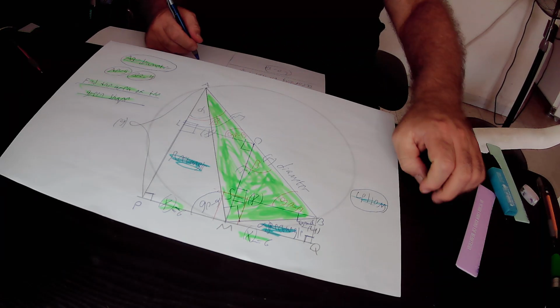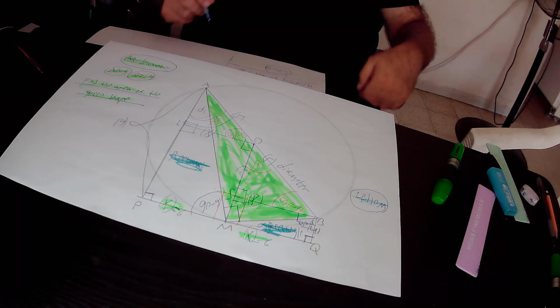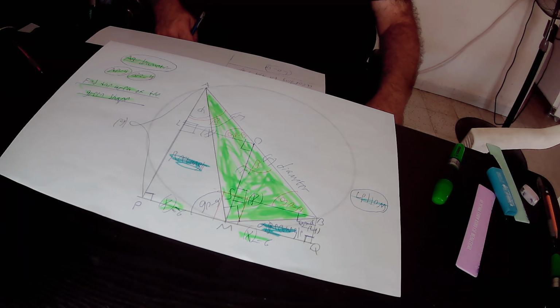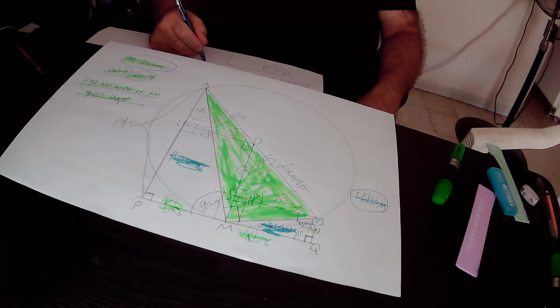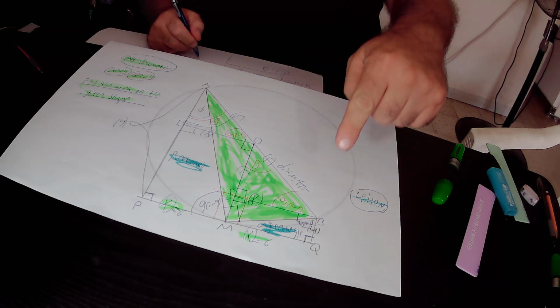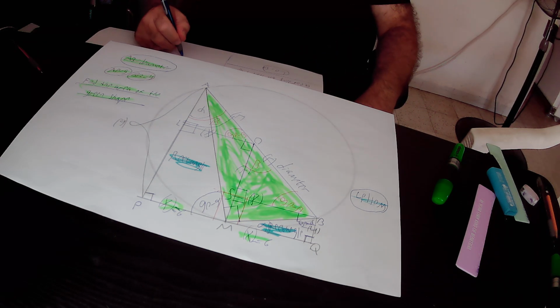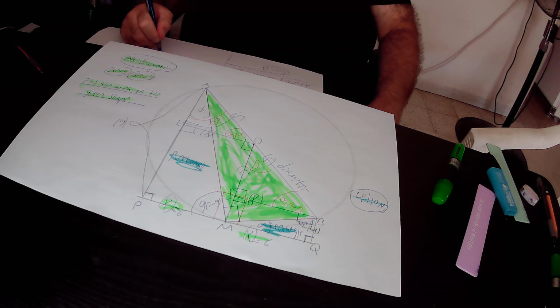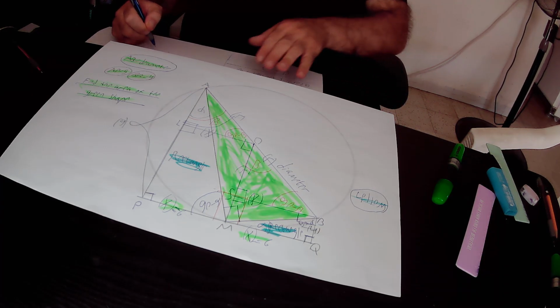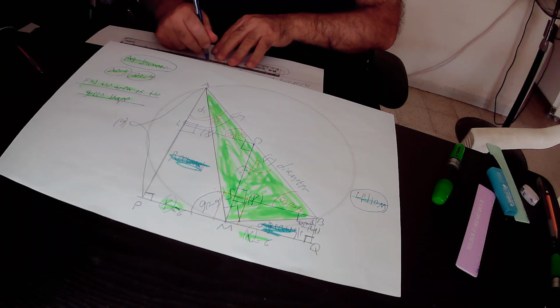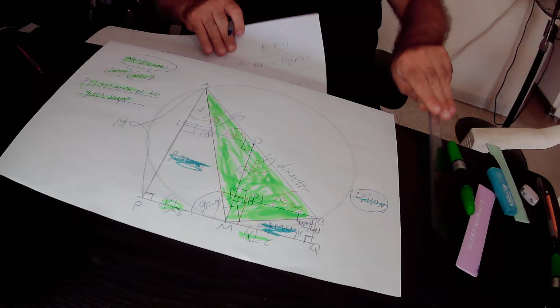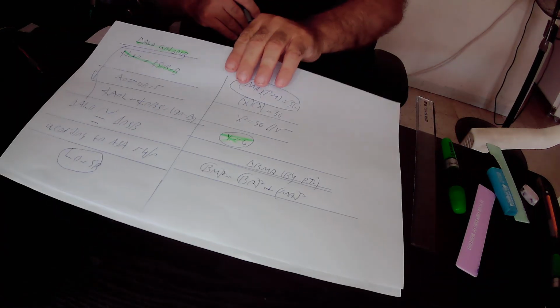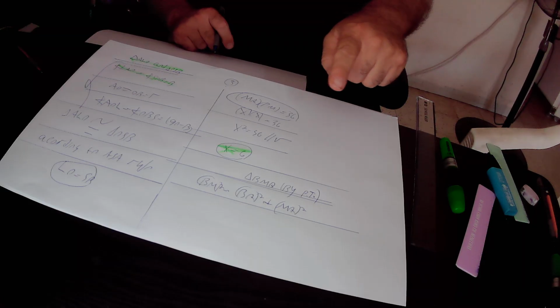In this small right triangle BMQ, BM squared, that is the square of the hypotenuse, will be equal to BQ squared plus MQ squared.